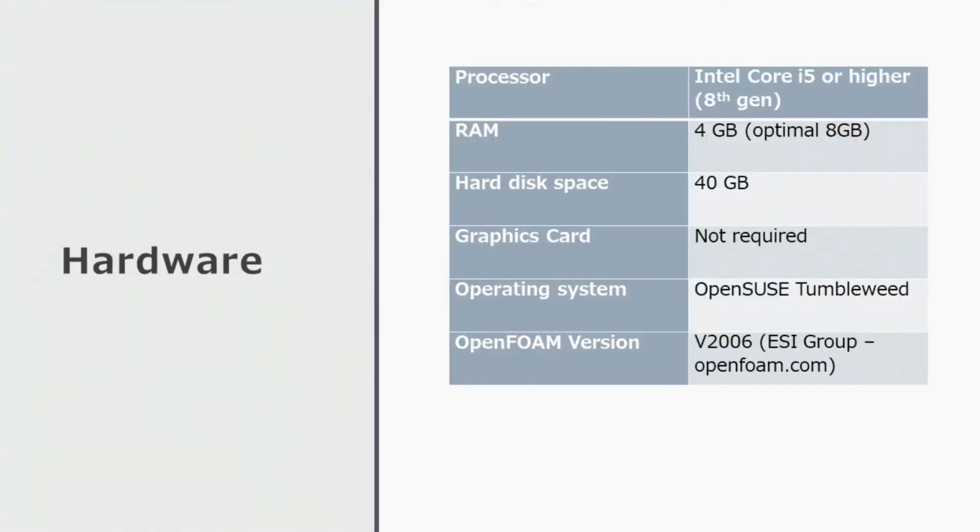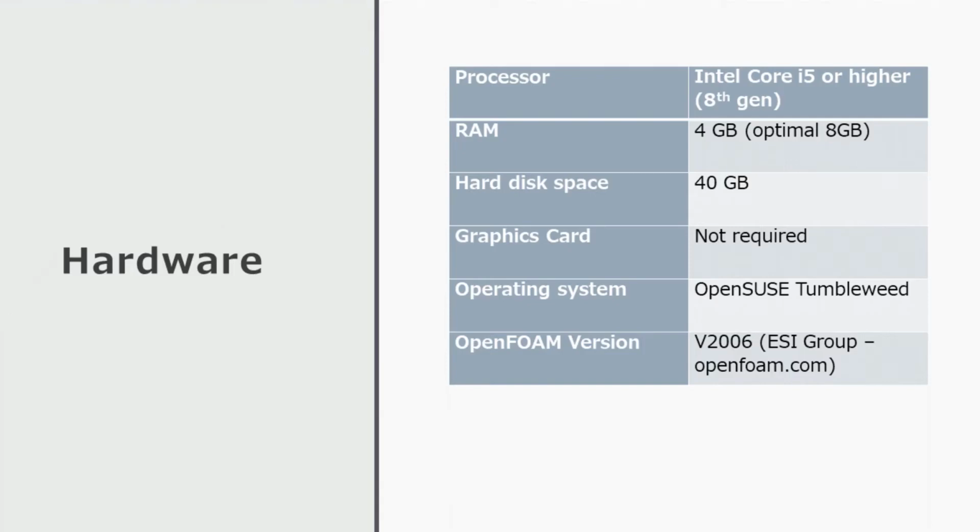Before going further, let us discuss something about the hardware. If you are a beginner user of OpenFOAM, then please consider using a computer which has a processor of at least Core i5 8th generation or higher. Optimum RAM capacity should be 8 gigs, but 4 gigs is also okay, with a minimum hard disk space of 40 gigabytes.